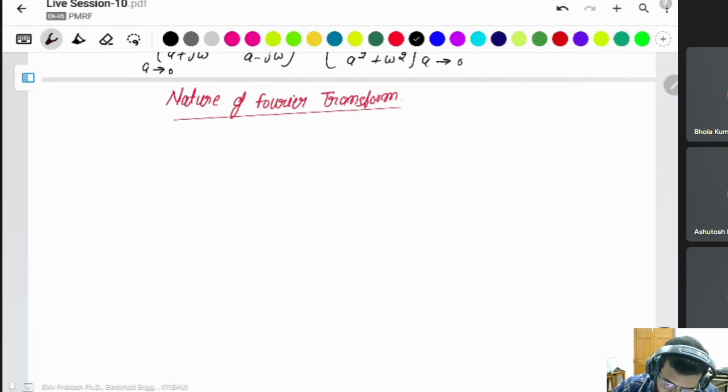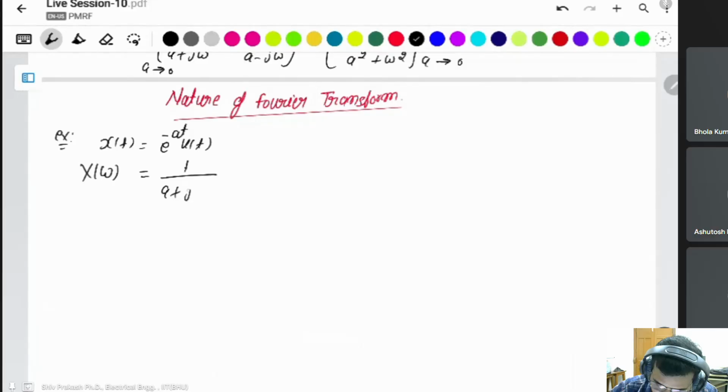Same example I've taken. How can you plot this one? x(t) is equal to e to the power of minus a t u(t). You know the Fourier transform of this one, 1 divided by a plus j omega. And what is the magnitude of this one? Magnitude is written as magnitude of X(j omega), as magnitude with respect to the frequency.